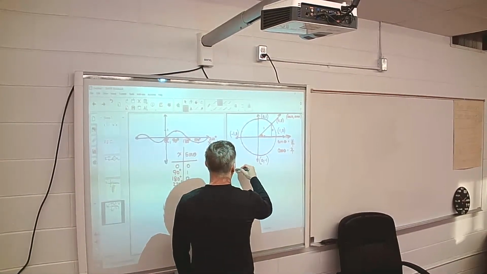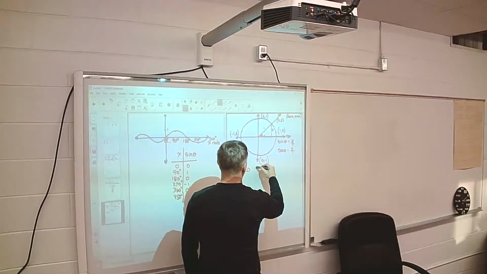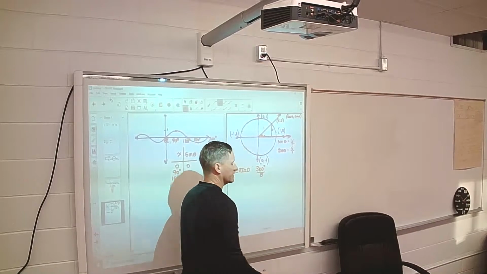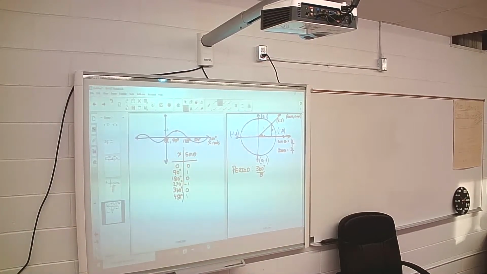So if you want to find the period of a function, you take 360 degrees divided by b. So write that down. I'm going to have to make sense of that for you in a minute. So the period in this case is 360 degrees.